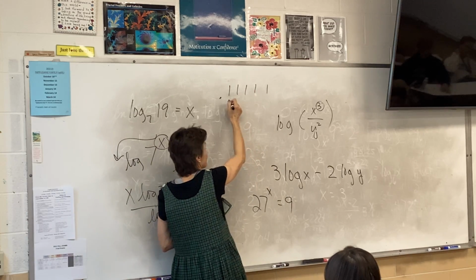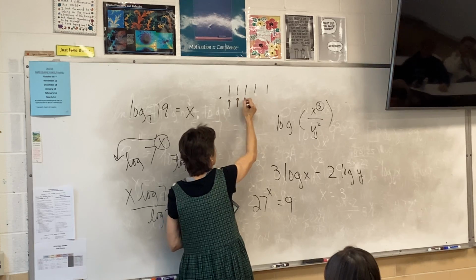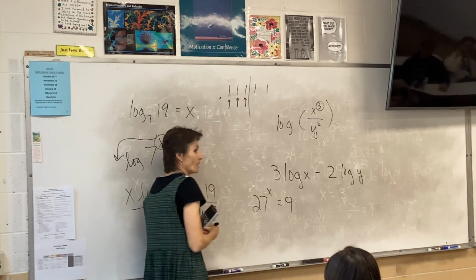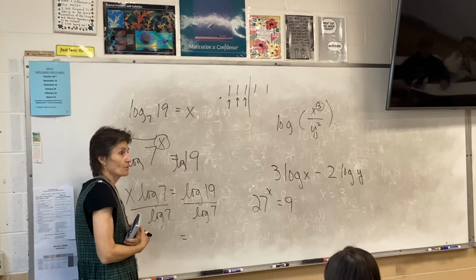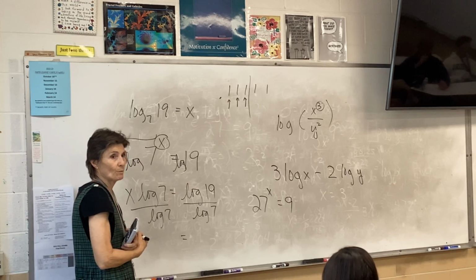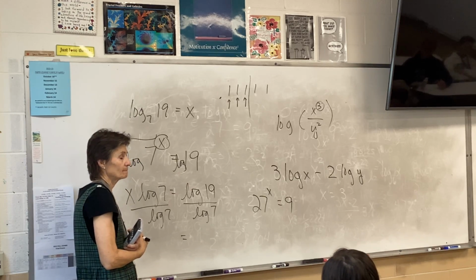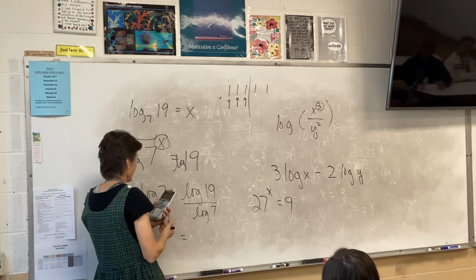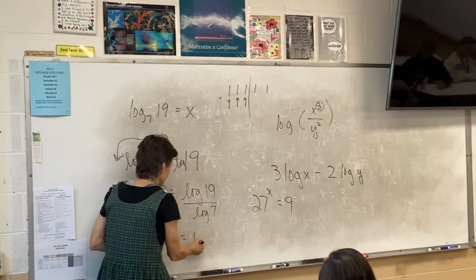What place is this? 10, 100, 1,000. There it is, right there. So how many decimal places? 3. There's 3 zeros in 1,000. Okay, so that would be 1.513.